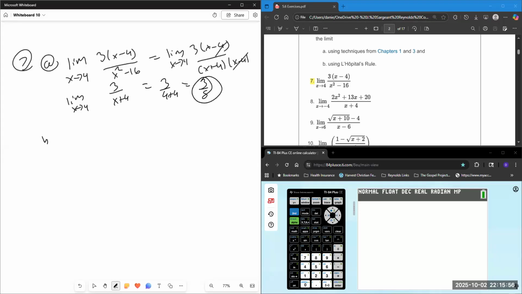Now to use L'Hopital's rule, the limit as x goes to 4 of 3 times (x minus 4) over x squared minus 16 is going toward 0 over 0, which is one of our good indeterminate forms. So L'Hopital's rule can be used.